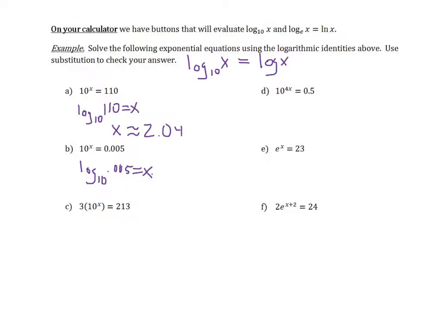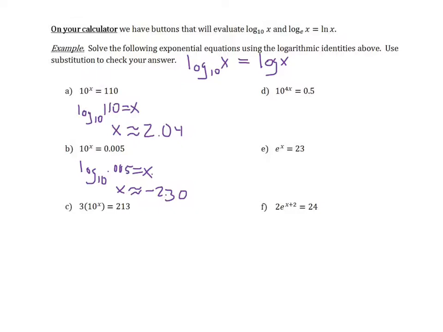Using our calculator, we get that x is approximately negative 2.30. And again, that's what we expect because this is a small number. So 10 to some negative exponent will give us a fraction, 1 over 10, and that's going to give us this. Okay?